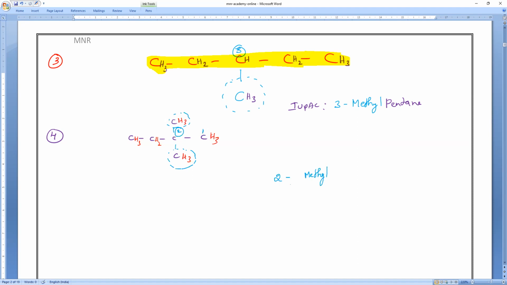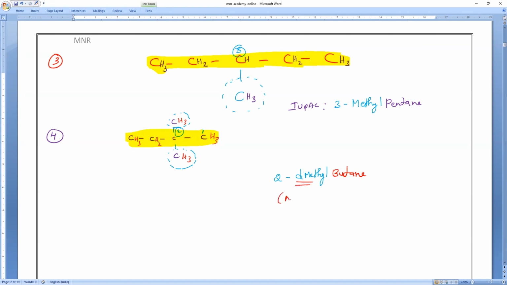Dimethyl. And the parent chain, how many maximum carbons? 4. 4 means butane. So that's all. 2,2-dimethyl butane. So 2,2-dimethyl is there on the second carbon.